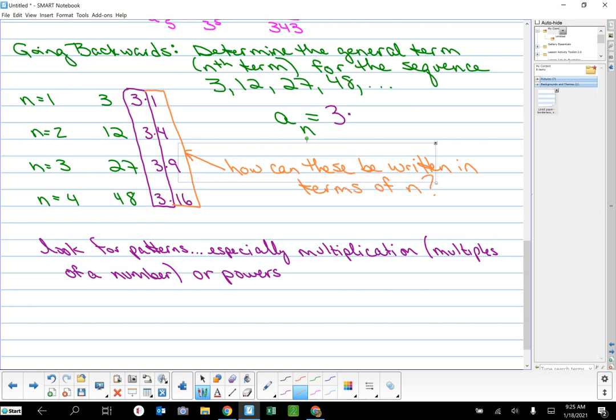And there's no formula for this. It's just you knowing numbers and being able to find a formula. What I noticed is this is 1 squared, 2 squared, 3 squared, 4 squared, which means if n is 1, n is 2, n is 3, n is 4, this is n squared. And so 3 times n squared would be my nth term, and that worked out.